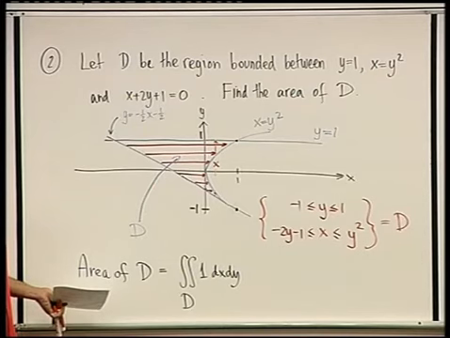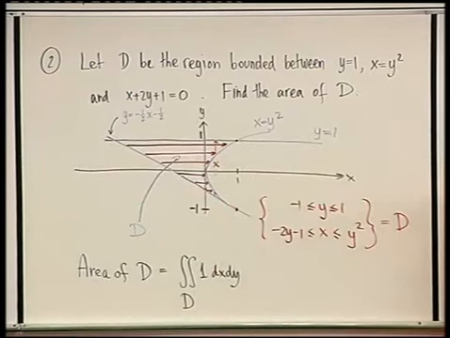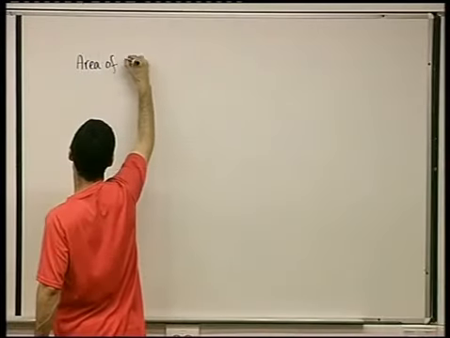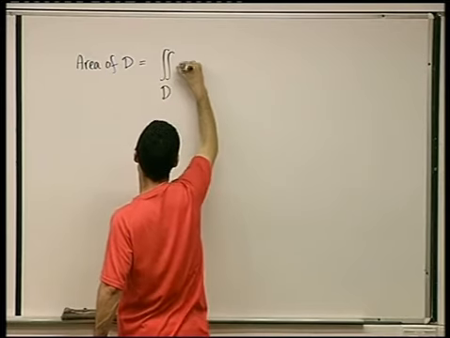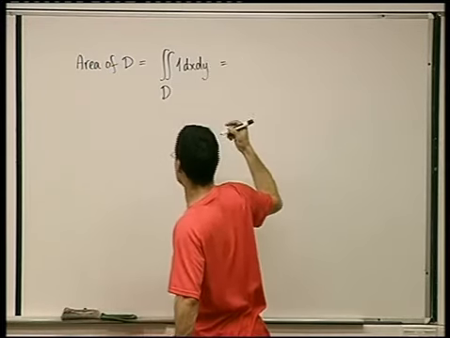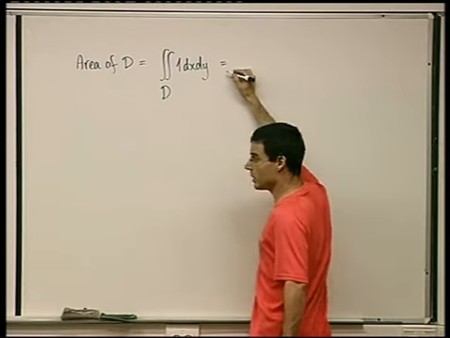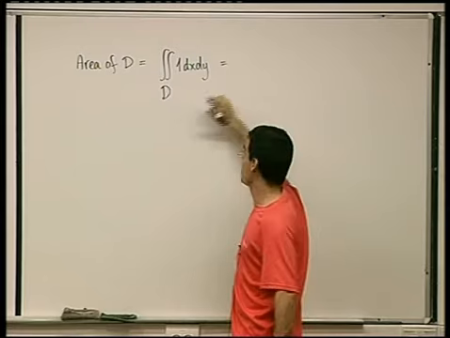Okay. So let's do it for this example. In our example, the area of D, which we want to calculate, is the double integral over D of the function 1. And now I want to write what D is. Here I'm going to calculate this double integral using iterated integrals.